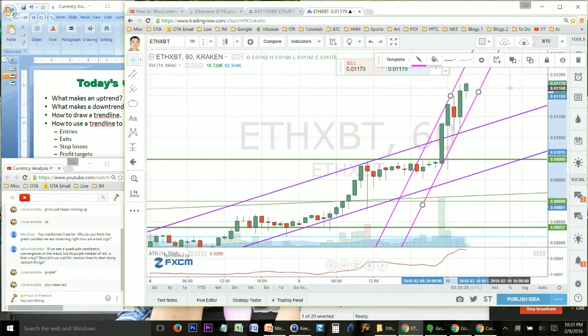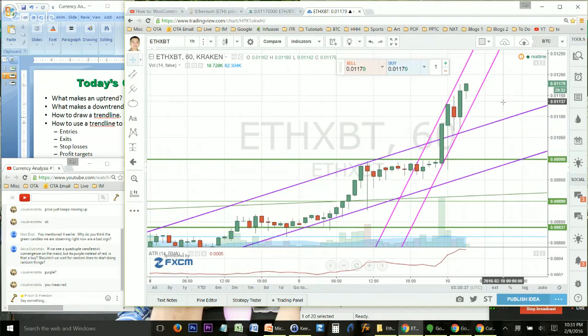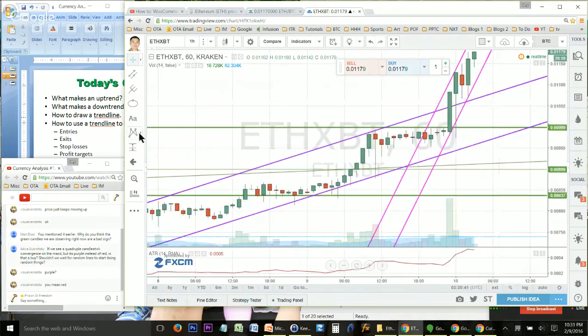I'm going to code that pink. Notice that the pink channel is thinner and the pitch, the angle of it, is a lot steeper than the purple channel. Notice how wide this channel is, guys. See how wide it is? This one is very narrow.